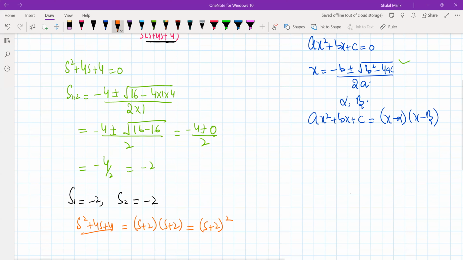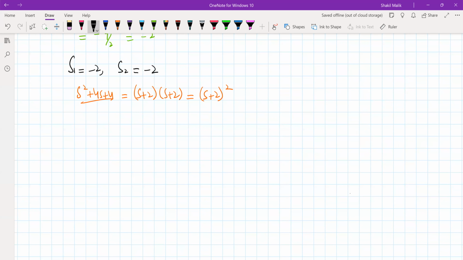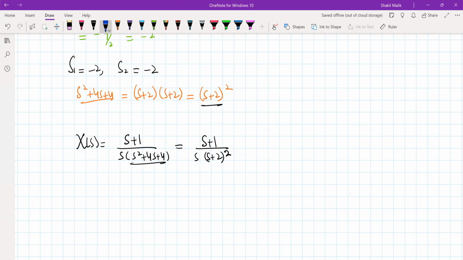Substituting this back here, x of s is s plus 1 divided by s into (s square plus 4s plus 4), which we can now write as s plus 1 divided by s into s plus 2 whole square. Our goal is to write the partial fraction expansion of this.